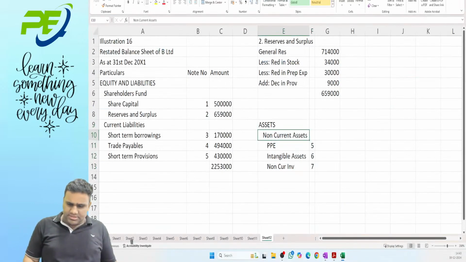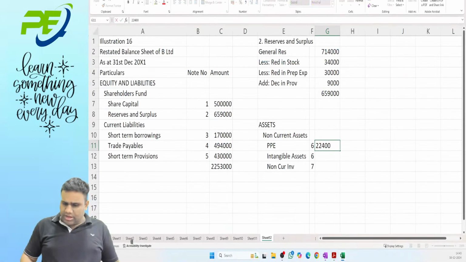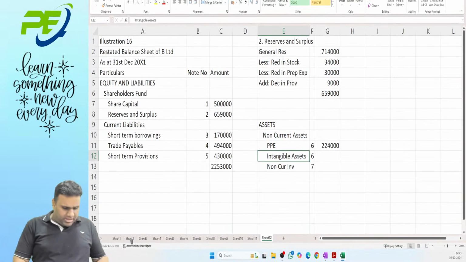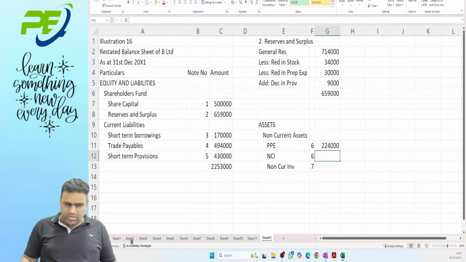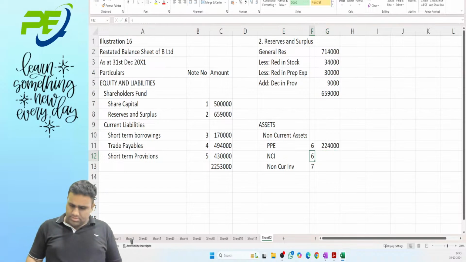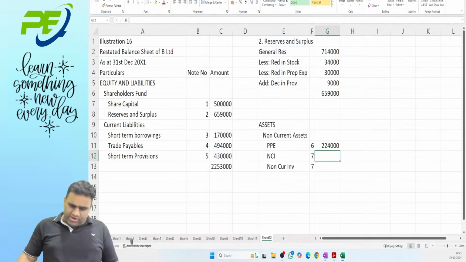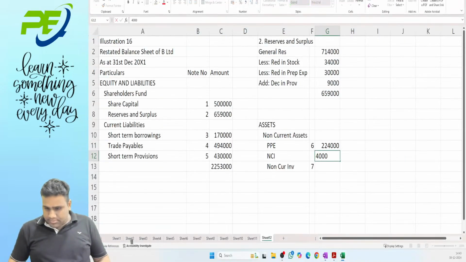Is there any change? No, everyone, it's the same, 2,24,000. Then we don't have intangible assets, but non-current investment. Any change? No. But for non-current investment we don't have a note number, so we will also not put 4 lakhs.